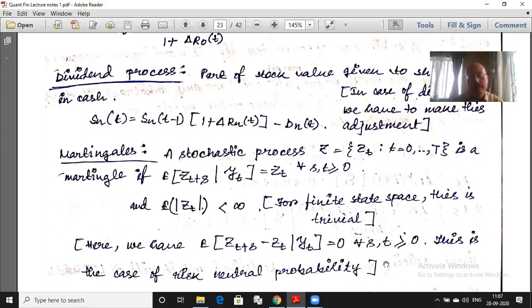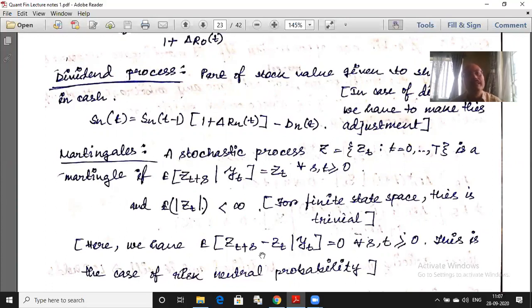I can put it in a different way, which is also very informative, that all future expected changes are zero. So if I subtract Zt inside, all expected changes in future are zero. And if you now recall our expectation of delta Sn star, you will see that this nicely ties in with our risk neutral probability structure.